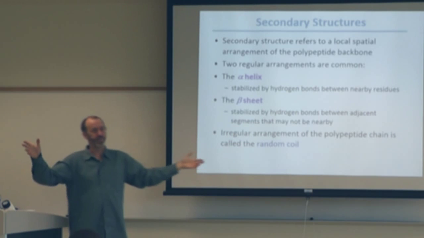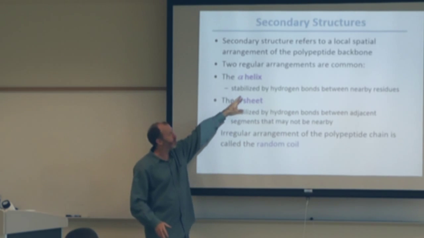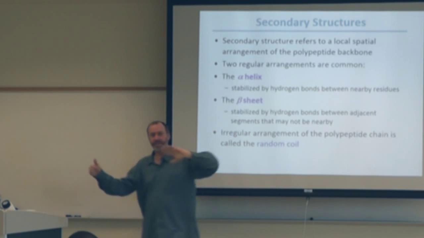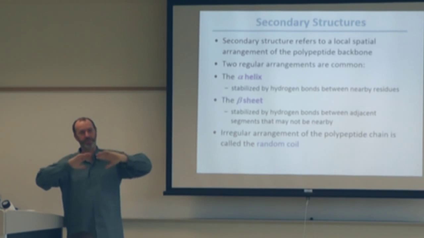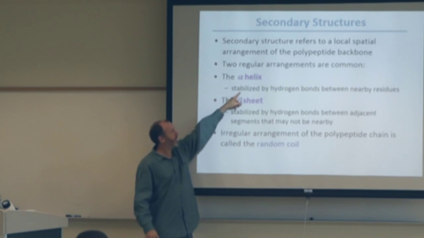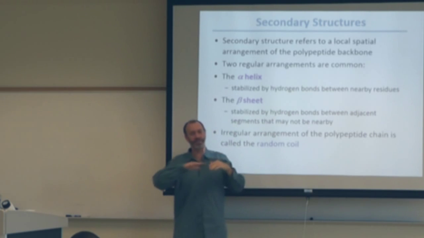But for secondary structure, the hydrogen bonds that stabilize it are always between the amide portions of the peptide, the carbonyl and the nitrogen involved in the peptide bonds themselves.